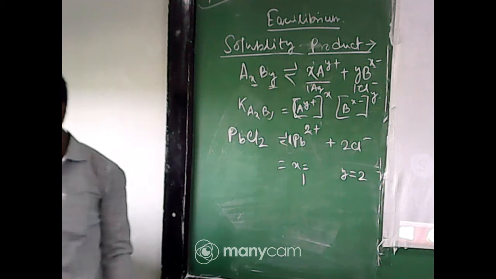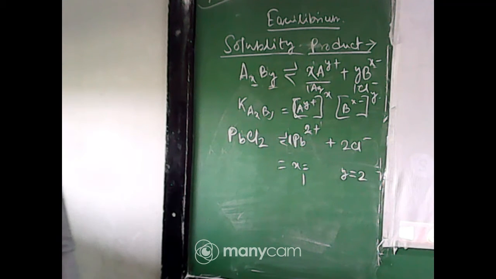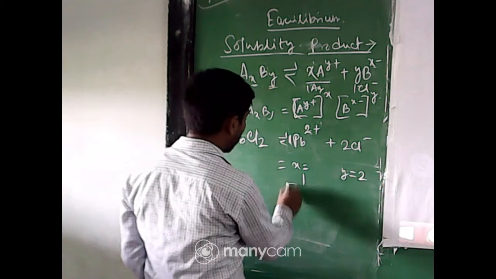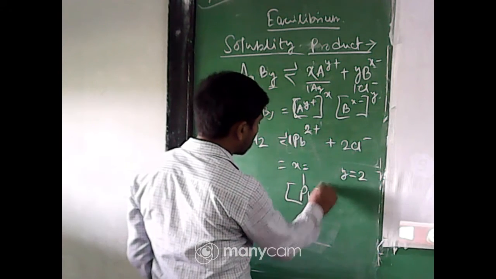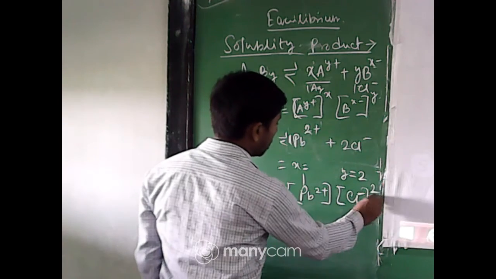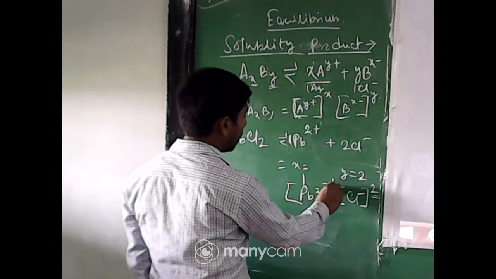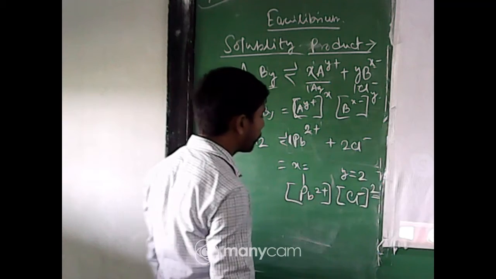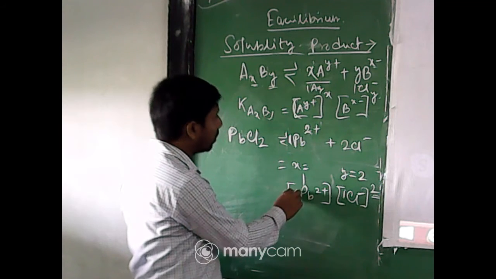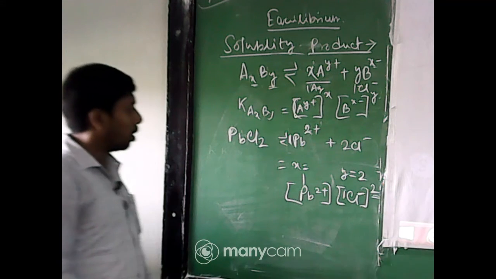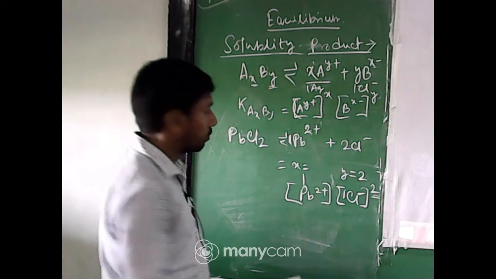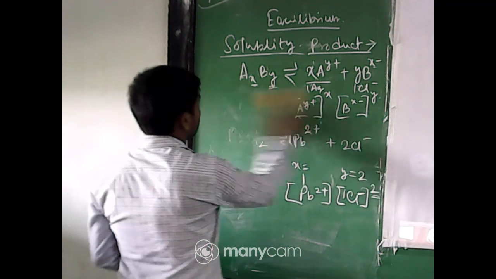So, it can be transferred to the form Pb2 plus times Cl minus squared. In this way we can calculate the solubility product.